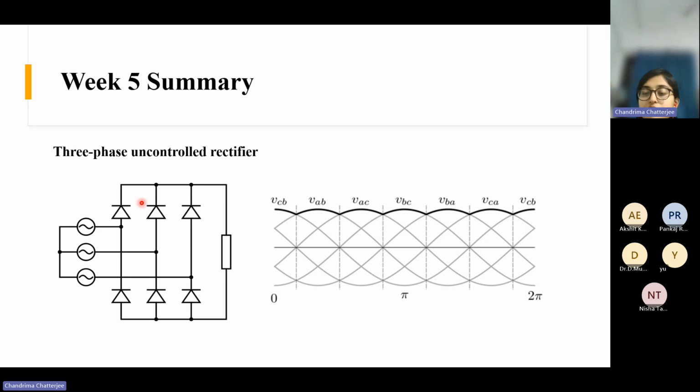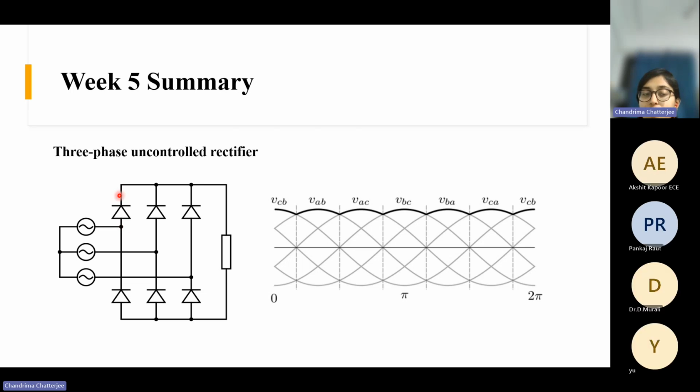So it operates on the same principle as the single phase rectifier. This is the common cathode configuration for the top diodes, and the bottom diodes are in common anode configuration. And there is a 3-phase supply here. Whichever diode is getting the most positive voltage, that diode will get forward biased.